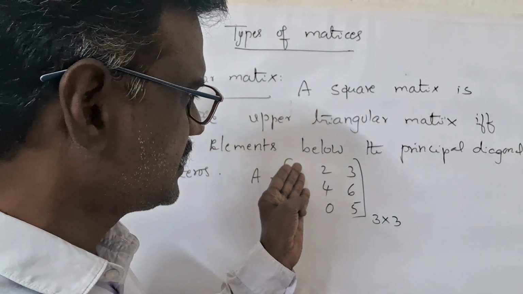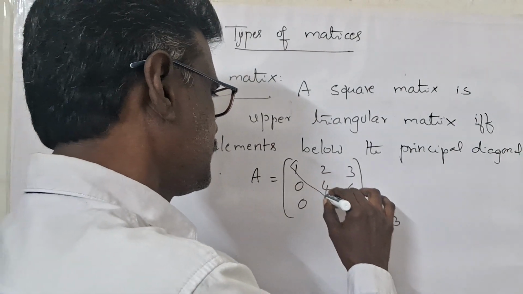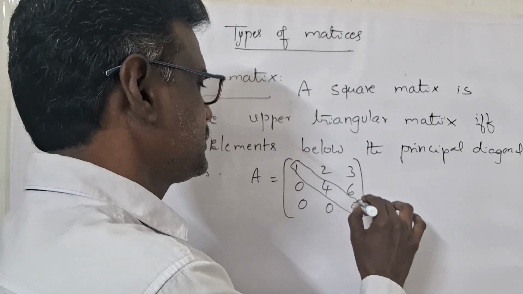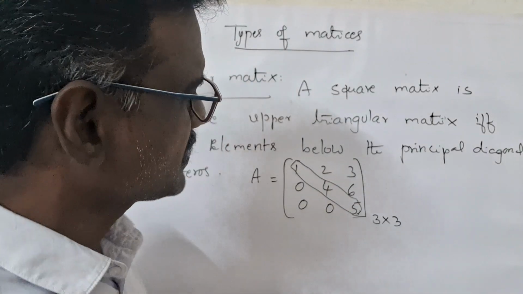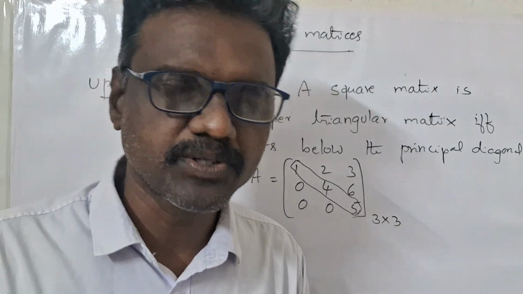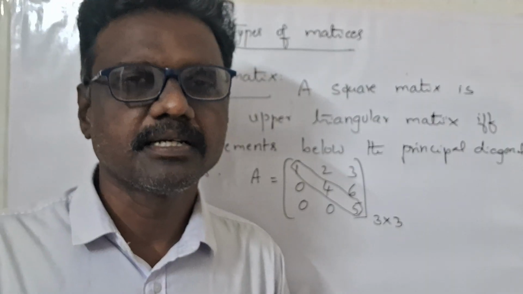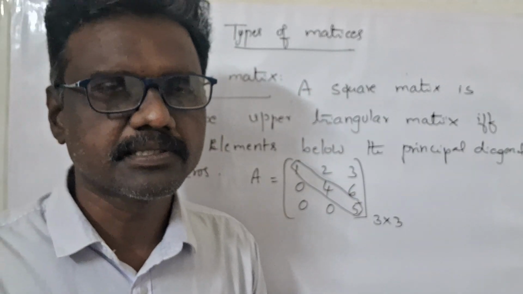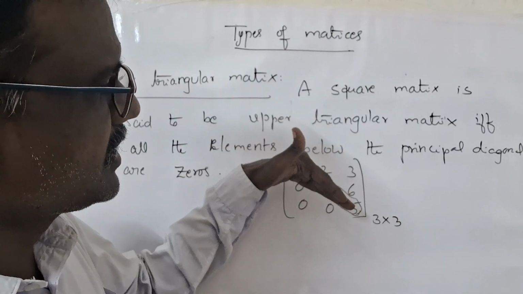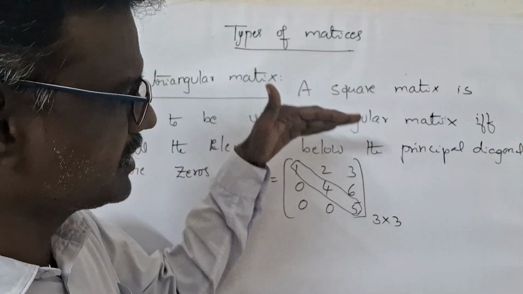All the elements in the principal diagonal, this one, are non-zeros, and the elements above the principal diagonal are also non-zeros, and all the elements below the principal diagonal are zeros. Means the existence of the matrix is on the principal diagonal and above it.